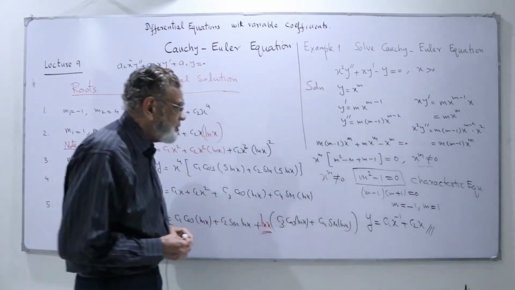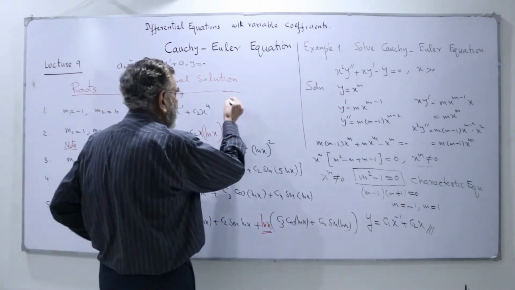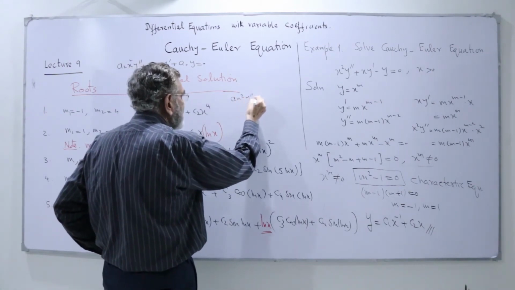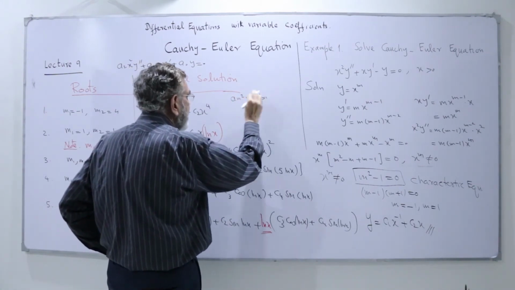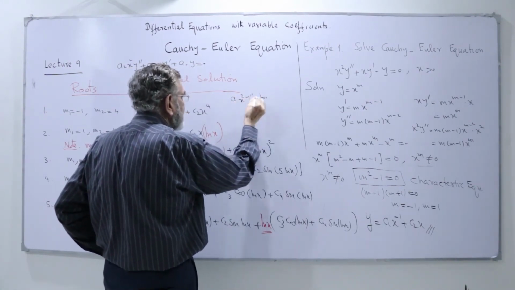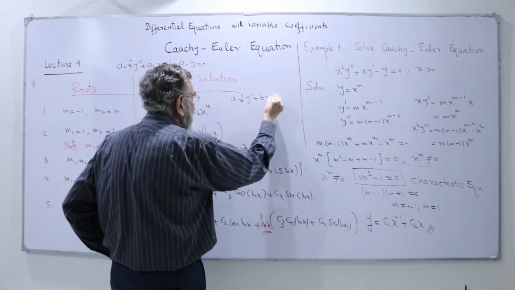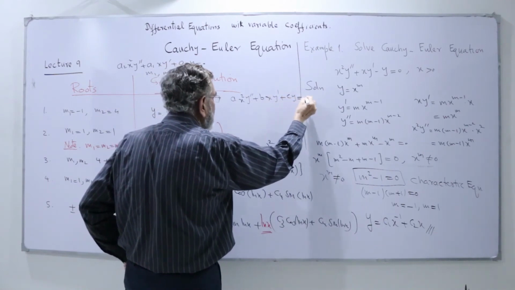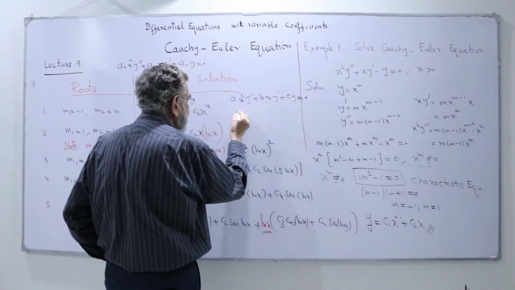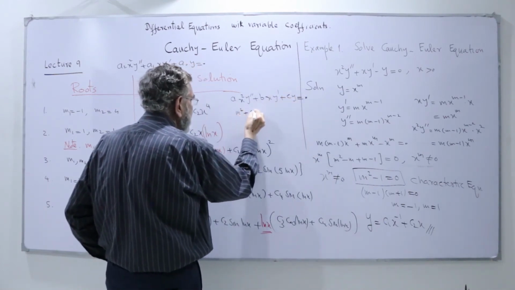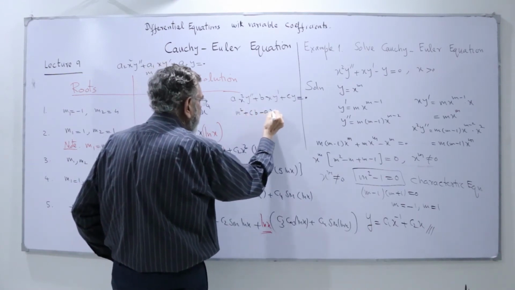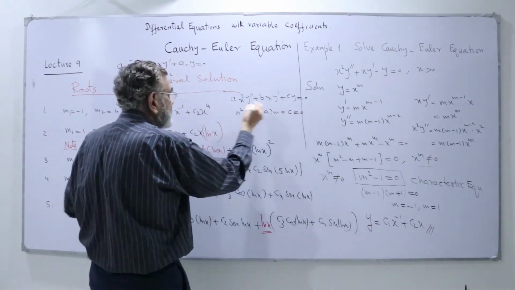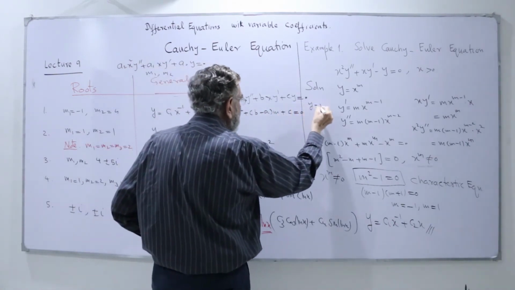But here the main thing is that we make the substitution. So I just give you the formula for how we can do it. For example, I have a x square y double dash plus b x y dash plus cy equal to 0. My characteristic equation will be a m square plus b minus a m plus c equal to 0, always, when I substitute the value y equal to x to the power m.